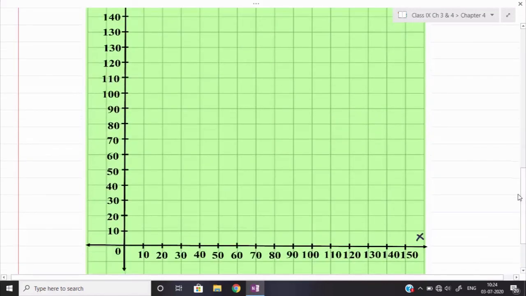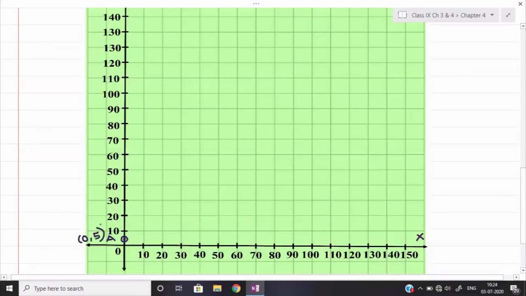X equal to 0 lies at the origin only. From 0 I will go to the top, between 0 and 10 at the middle line. In your graph paper it is perfectly marked, the middle one, so you mark in the similar manner. I am marking a little bit approximately. So this is my point A, whose coordinate I will say 0 comma 5.